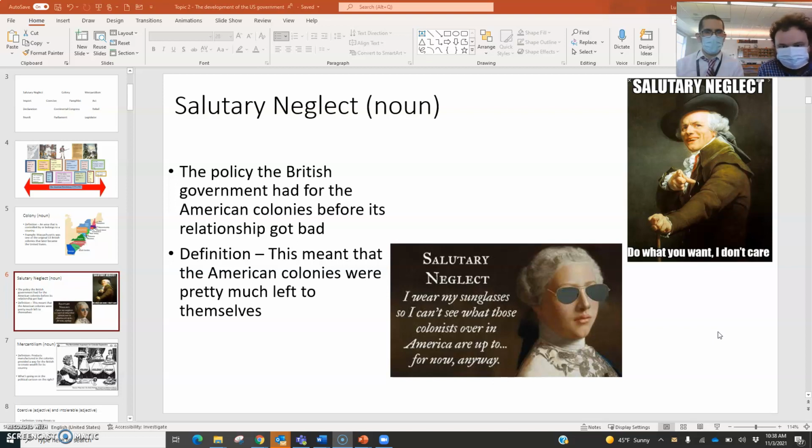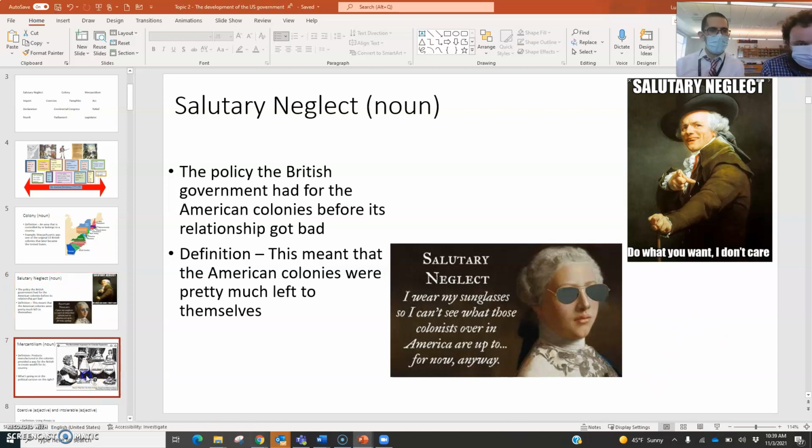I wear my sunglasses so I can't see what those colonies over in America are up to for now, anyways. And salutary neglect: do what you want, I don't care. But as we'll see in our study, that salutary neglect changes, and it really goes away once Britain is in a financial struggle and needs money, and they look at the colonies and say, okay, now time for you guys to pay up.